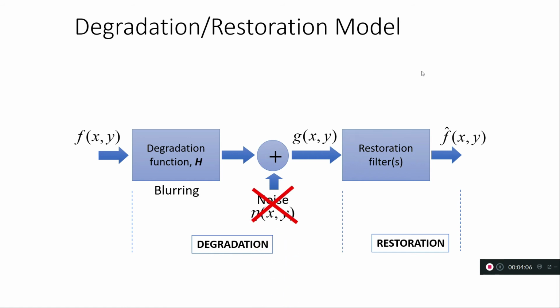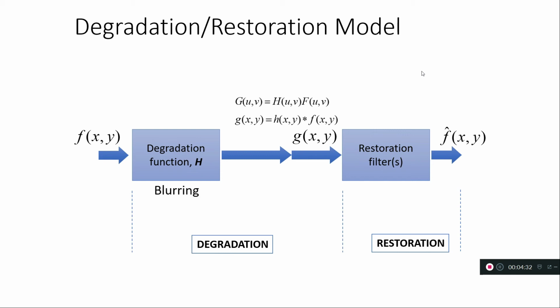Second case, where you assume there's no additive noise. Your image G is only affected with the blurring function or blurring effect, H. For this one, you can simplify your block as in the figure there. That is the equation representing your G, which in the spatial domain is a convolution, and in the frequency domain is a multiplication.